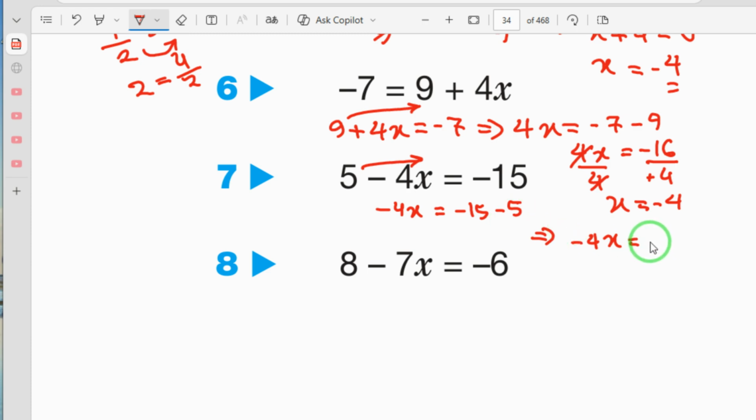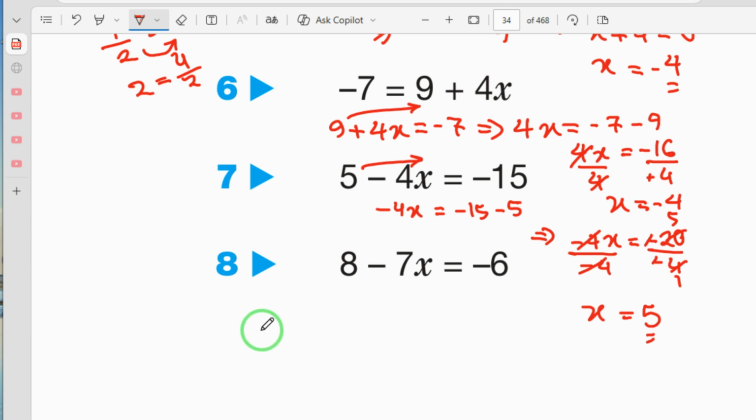We add together, become minus 20. Then we divide both sides of the equation by minus 4. Here simplify, just only remain x equal to negative. We directly simplify with negative. 1 times of 4 is 4, 5 times of 4 is 20. So x equal to 5.